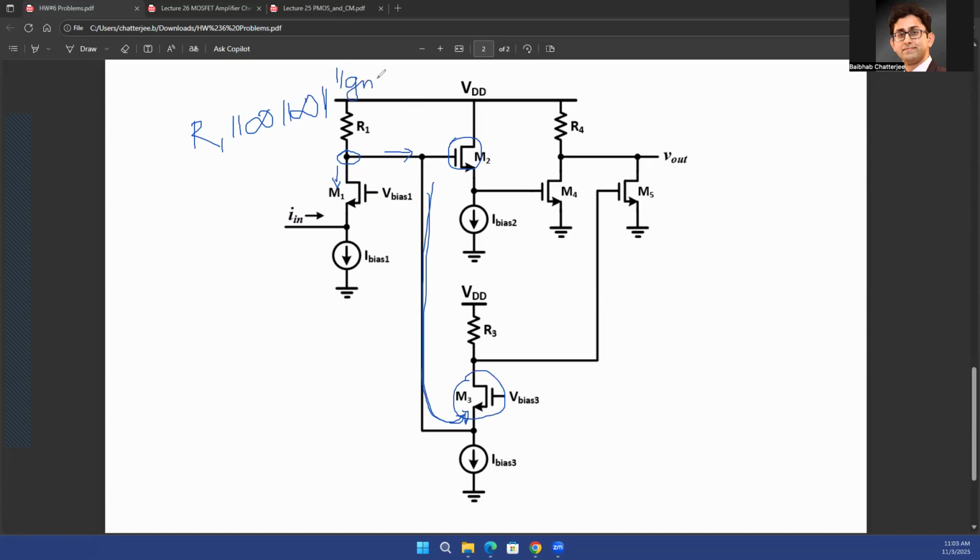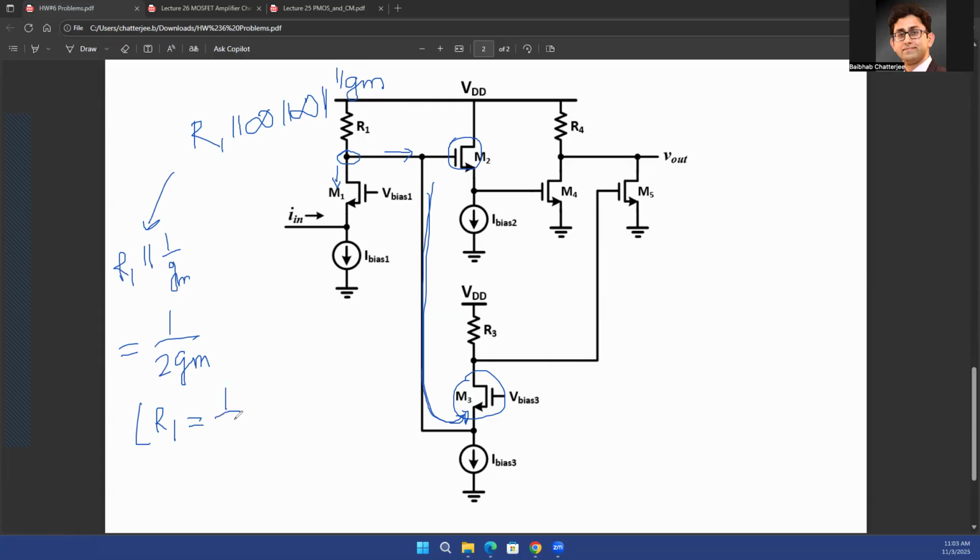So effectively, you have R1 in parallel with 1 upon GM. Now in the problem, it is given that the value of R1 is also equal to 1 upon GM. So you have 1 upon GM in parallel with 1 upon GM, so you have 1 upon twice GM.